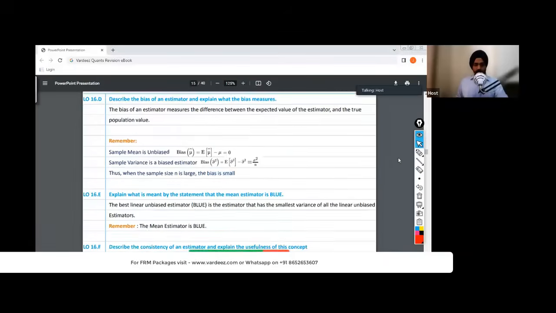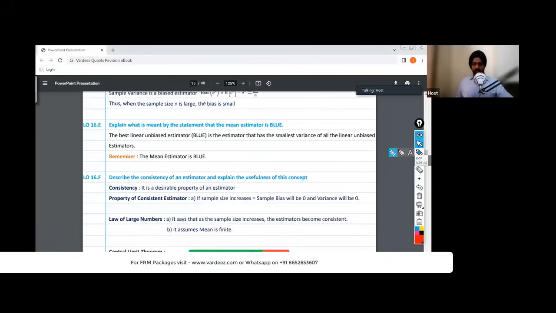Now, moving on to the next learning objective, what is meant by this term, BLUE? All you have to do is remember this particular thing. What is BLUE? The best linear unbiased estimator. We have just seen what is unbiased. The mean is unbiased. Is the variance unbiased? No, that's not unbiased.